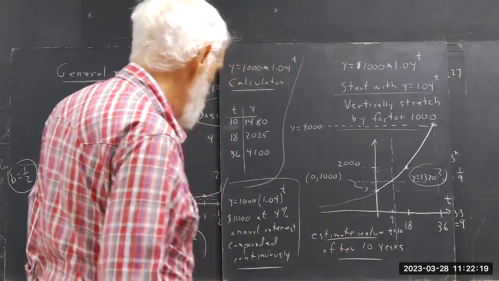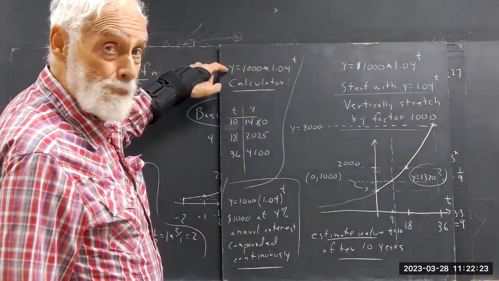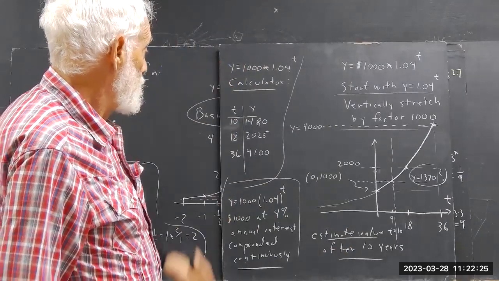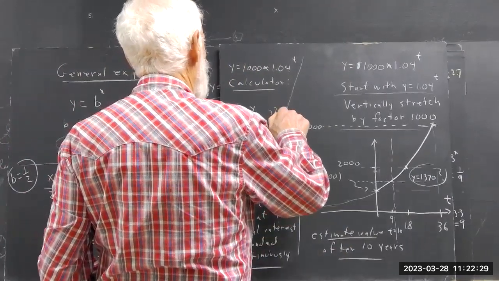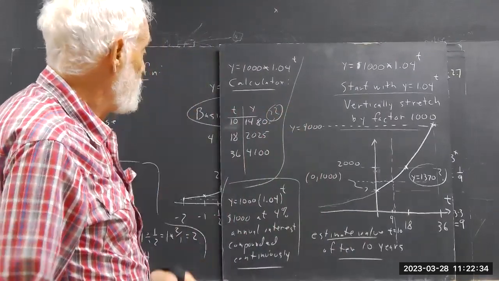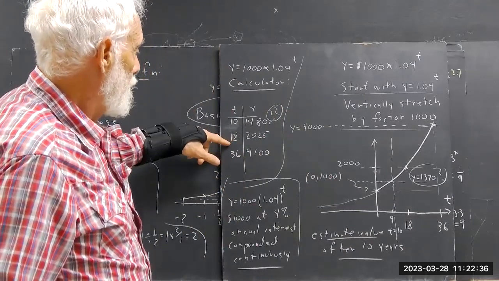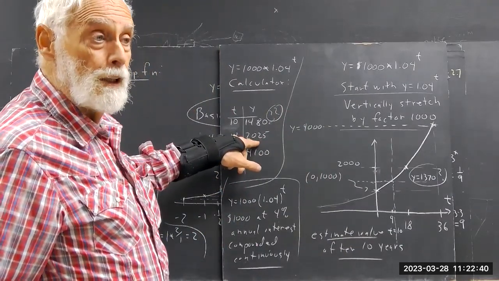Now I said, let's go ahead and calculate it. I'm not sure about this 1480. But first thing, I had 18 years. The calculator gave $2,025.